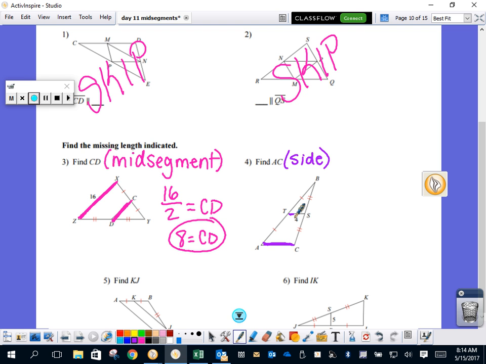Yes. So we know 4 has to equal AC divided by 2. Or 4 has to equal 1/2 AC, however you want to write it. What do I do to both sides?